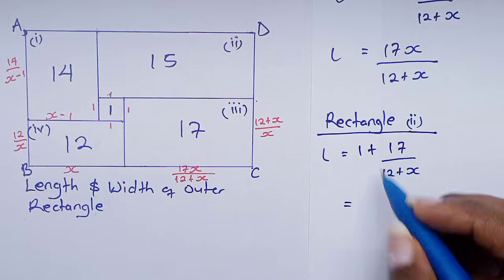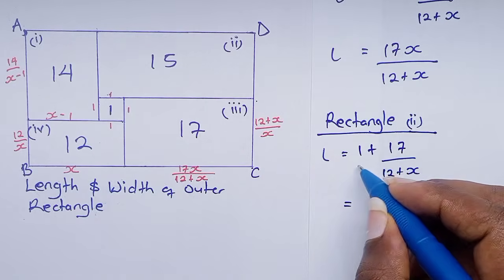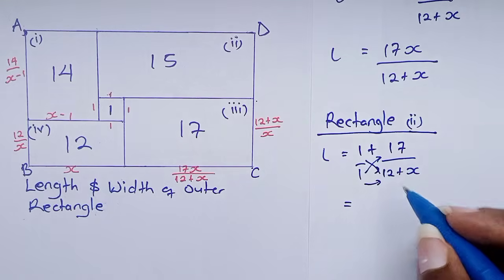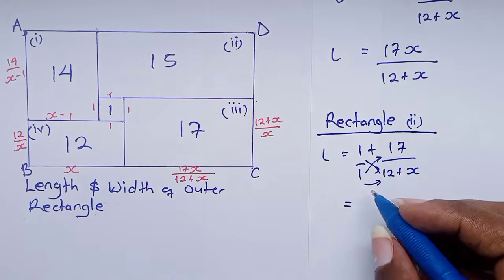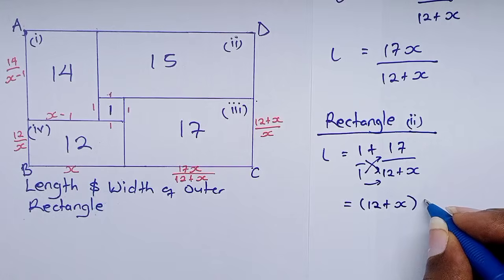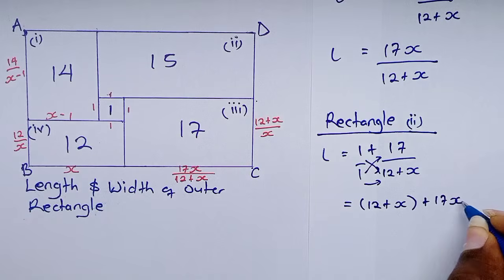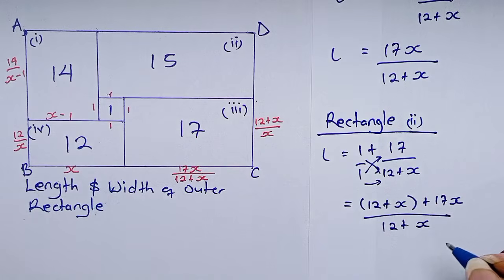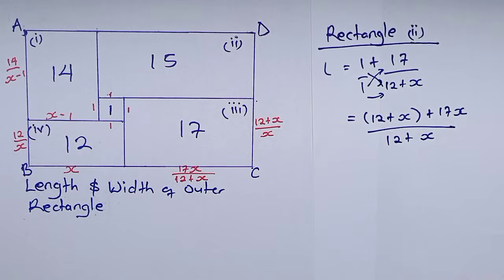This will be equal to, if this is over 1, we crisscross, 1 times this, we shall have 12 plus x, then plus 17x over 12 plus x.